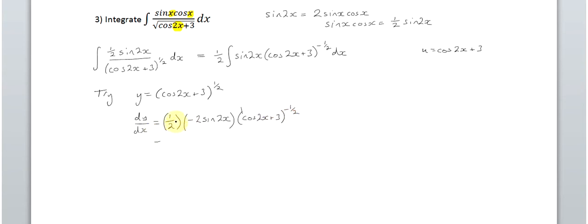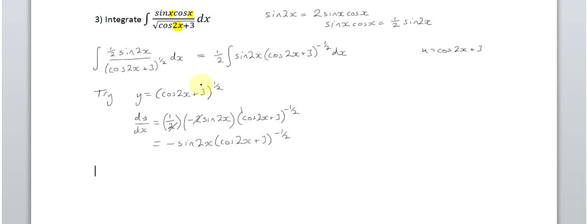So they cancel there. I have dy by dx equal to negative sine 2x cos 2x plus 3 to the minus a half, which of course is very similar to what we've got up here, except for the sine and the half there.